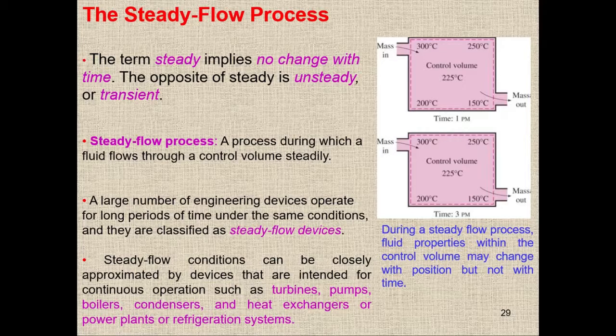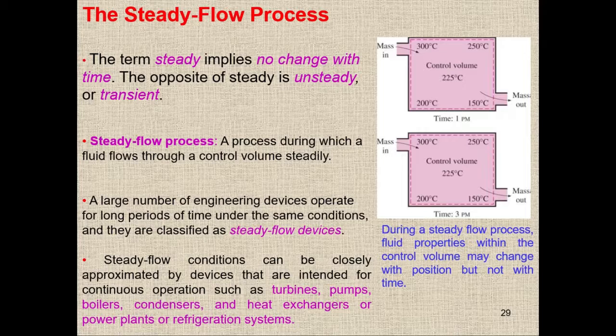We also define one more flow process which is called the uniform flow process. The definition of the uniform flow process is if there is no change in the property with respect to location, not with respect to time. If there is no change in the fluid property with respect to location, then it will be uniform flow.